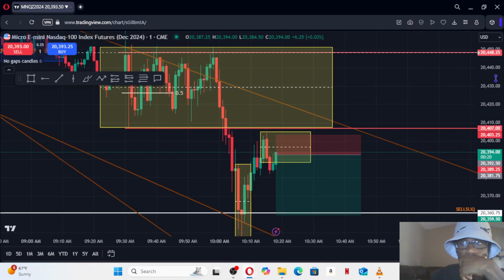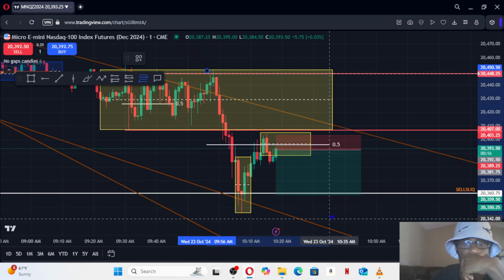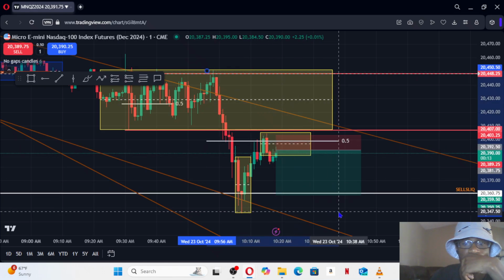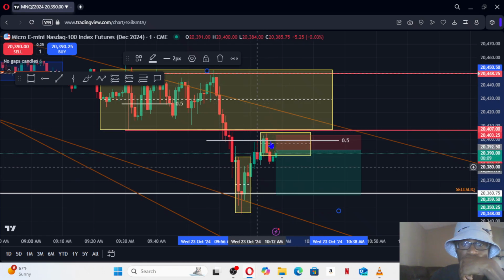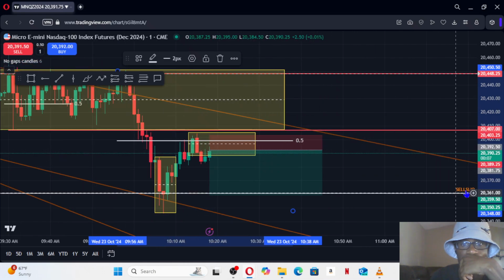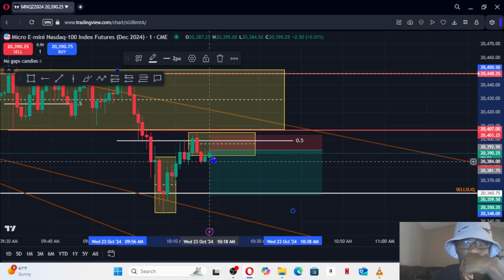I'm just not sure how deep it wants to pull back. No, I do. And we're at 50%. Dropped, came back up, went above it, went back below it.